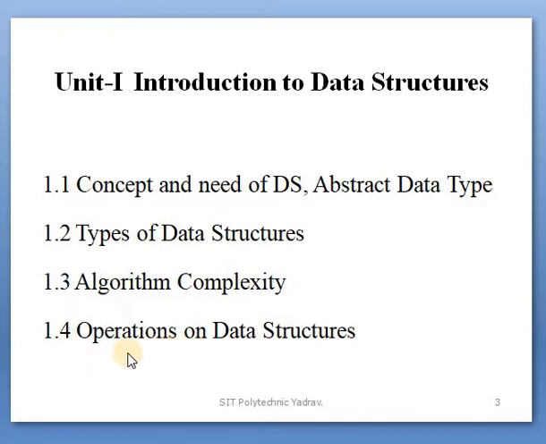There are 2 types of operations, primitive and non-primitive. Primitive means the basic operations, which are creation, destroy, selection and update. And in non-primitive we saw the operations insertion, deletion, sorting, merging, searching and traversing.